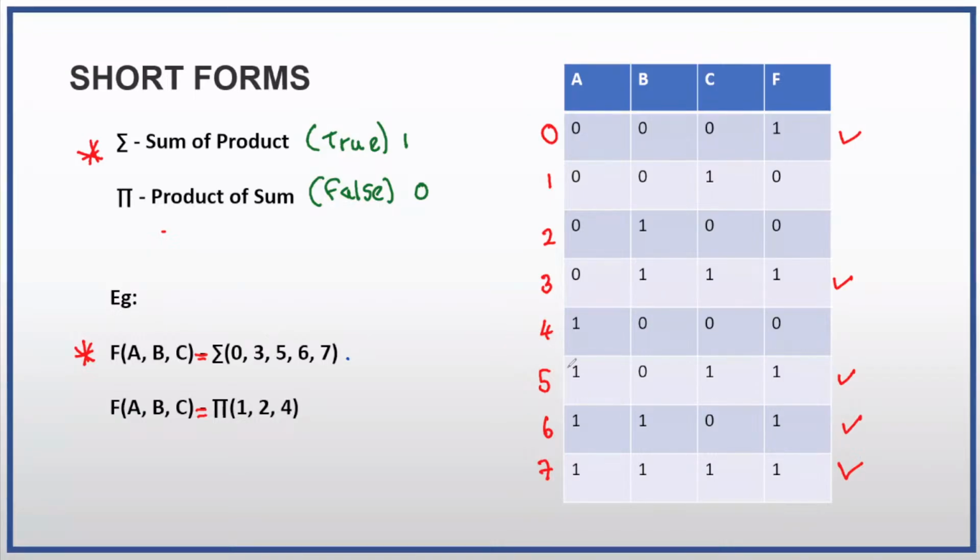So when you are writing the product of sum, you have to select the outputs with zeros.